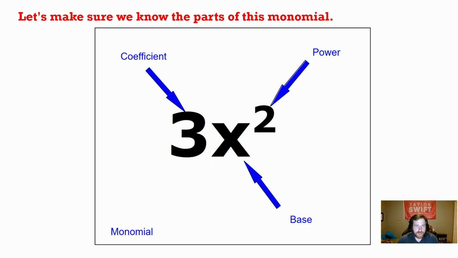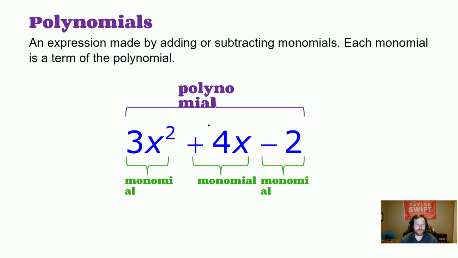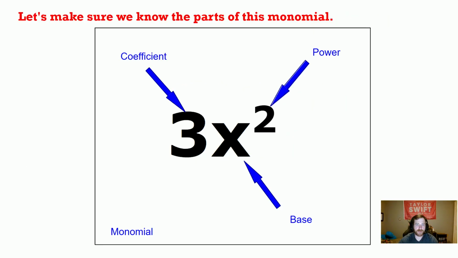So anyways, today we are talking about adding and subtracting polynomials. Every polynomial is made up of multiple different monomials. And that should make sense because mono means one and poly means many. So every polynomial is made up of many different monomials.